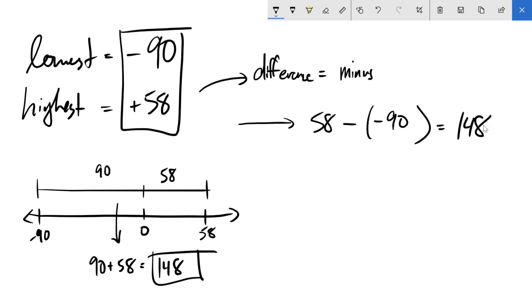So we have some weird rules with negative numbers because of the way the operations work. We know logically the answer has to be 148. So what that's telling us is that when you subtract a negative number, what you're really doing is turning it into addition, apparently. And that's actually true. And so the answer here is 148.